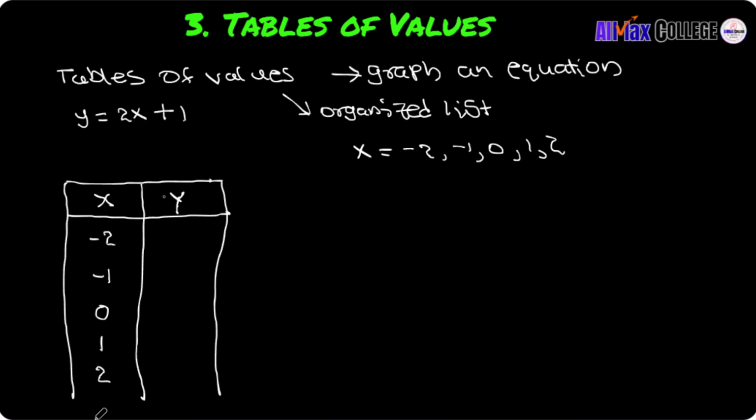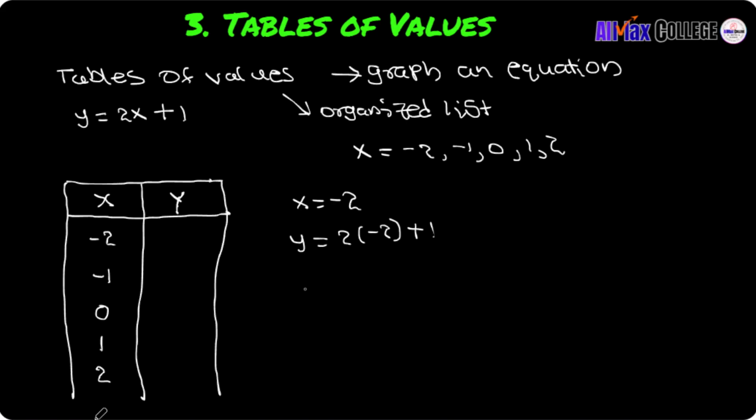When x equals minus 2, then y is 2 times minus 2 plus 1.